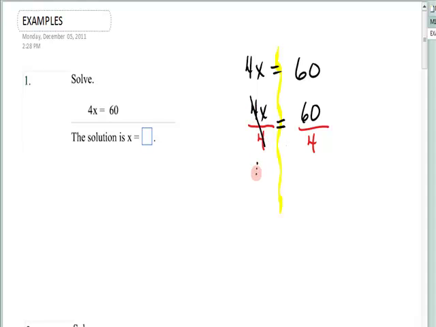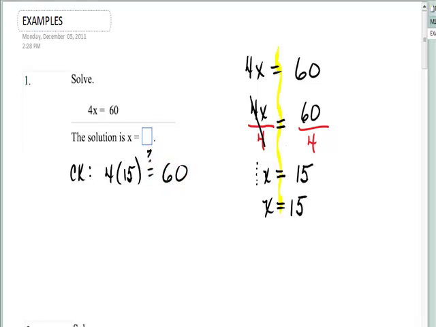That's 1x is equal to, and 60 divided by 4 turns out to be 15. I don't need to write that 1. X is 15. You could check it. Is 4 times 15, which is the value you got for x, equal to 60? And the answer is yes, it is. So it checks. Something checks if it makes the statement true.